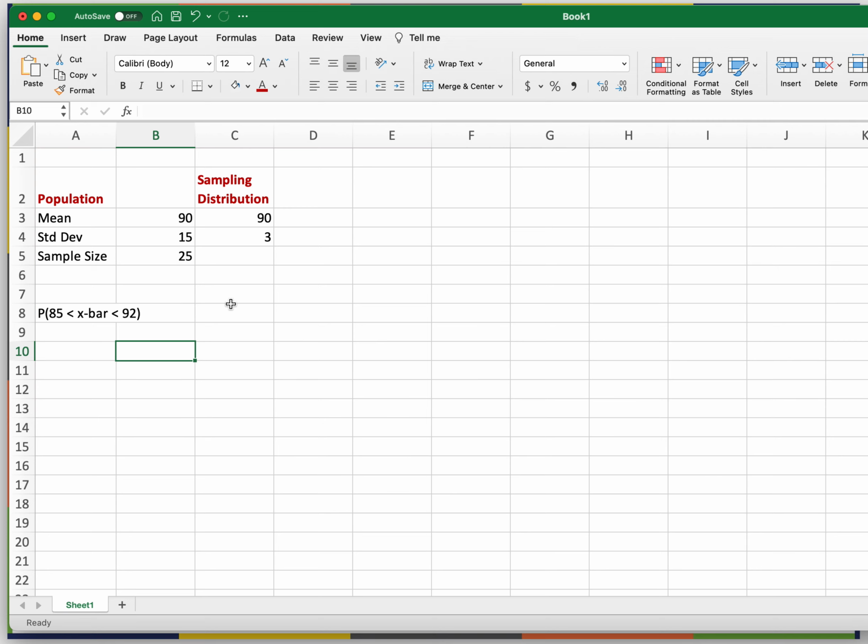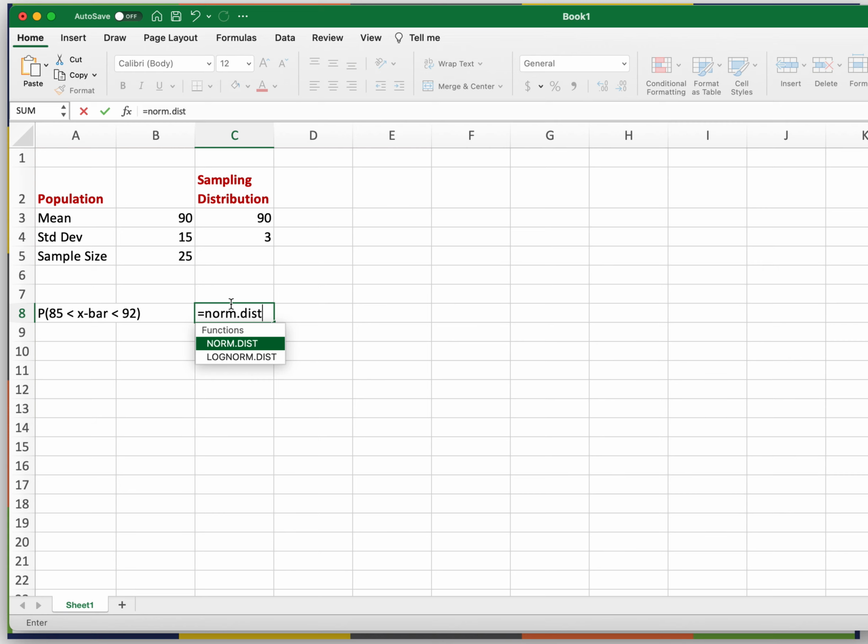So I need to take the difference of the larger NORM.DIST, and then the X is going to be, in this case, 92, comma, 90, comma, 3, comma, 1, because we're always using CDF, and I subtract the lower one from it, which is NORM.DIST of, not 92 now, this time it's 85, comma, 90, comma, 3, standard deviation of the sampling distribution, and 1 for cumulative.